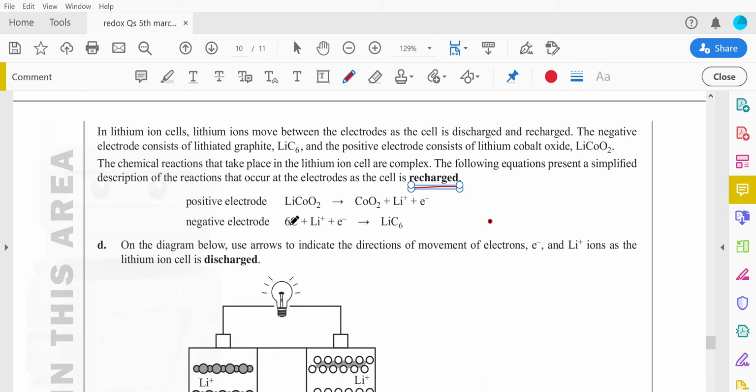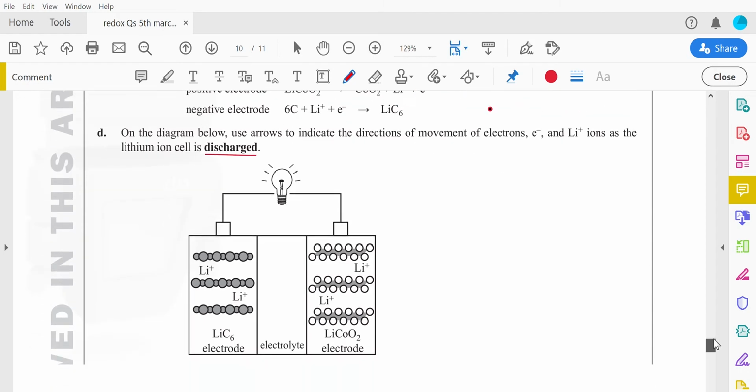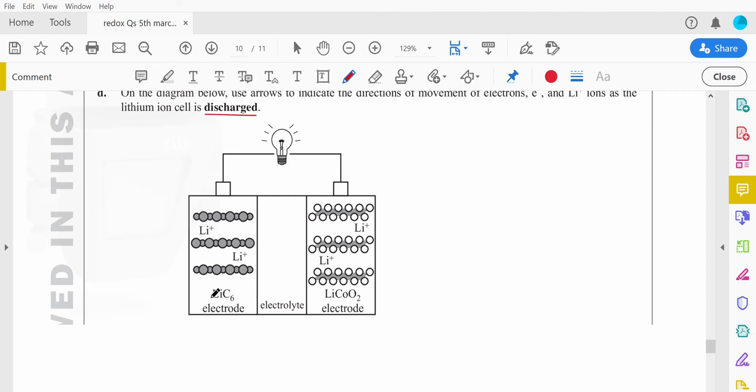So during recharging, we have lithium going back into that graphite electrode. Therefore, during discharging, it must be leaving the graphite electrode. So this is my lithiated graphite electrode. It is leaving it during discharging.